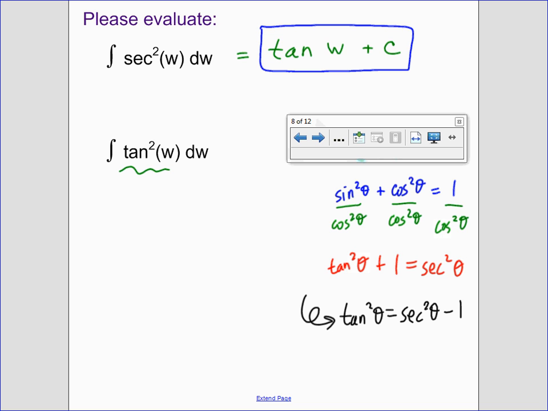Secant squared w minus 1. Yep. Let's go ahead and do that, guys. So let's rewrite this as the integral of quantity secant squared w minus 1 dw.